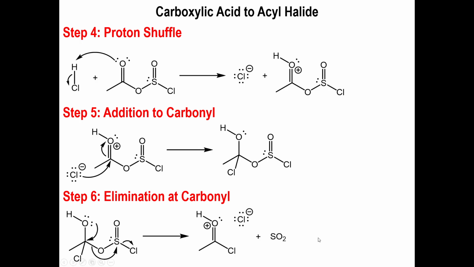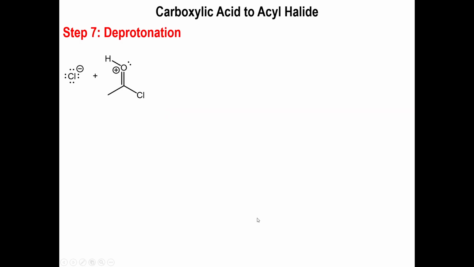And of course, as you can already surmise, the last chloride that's left in there is simply serving the purpose of removing a proton from that carbonyl to give you your acyl chloride. So typically you do this with the presence of a tertiary amine to remove the HCl, but for my purposes, this is more than enough as far as showing how the formation of the acyl chloride takes place.